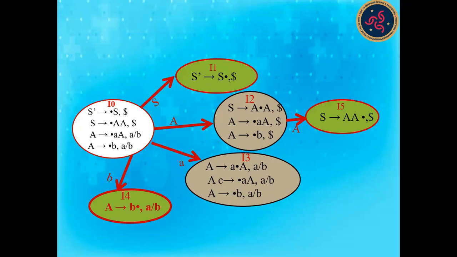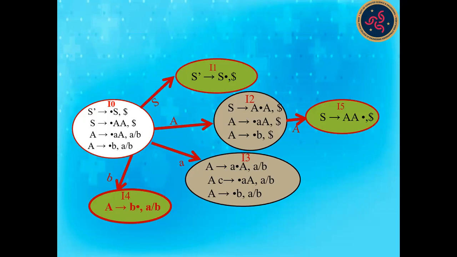Here this production can be written as S gives A dot, comma, dollar symbol. Why is it dollar symbol? During transition, the look ahead symbol won't change. Therefore, I can take that dollar symbol directly into this production. Okay, so this is a final item.